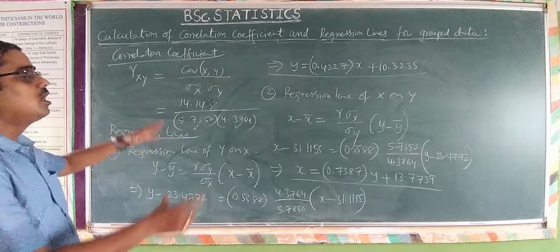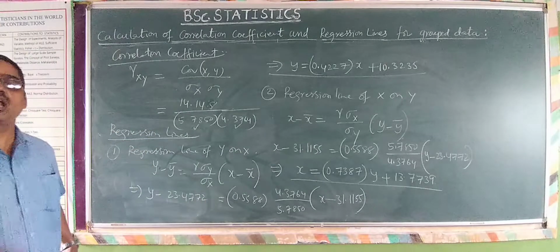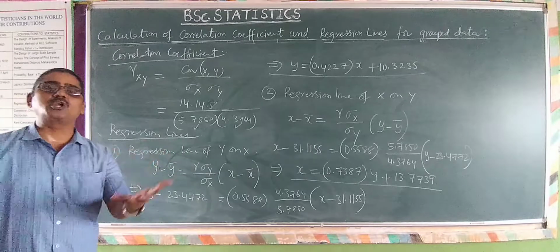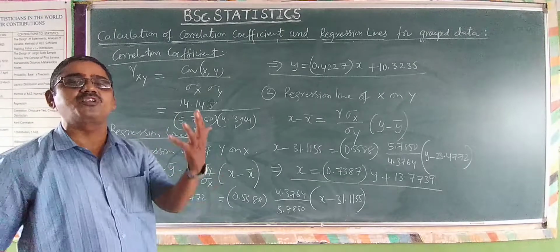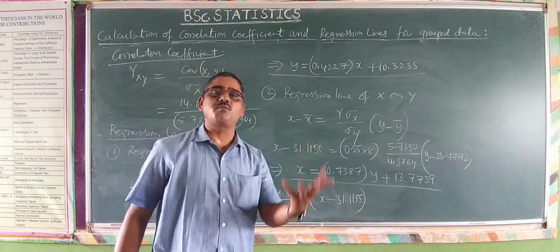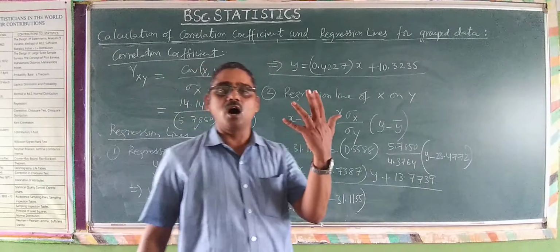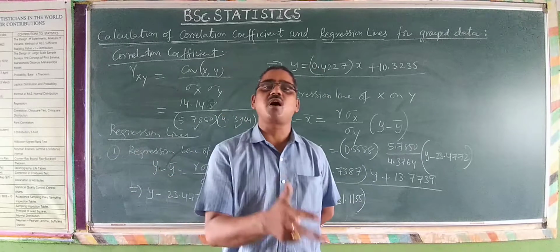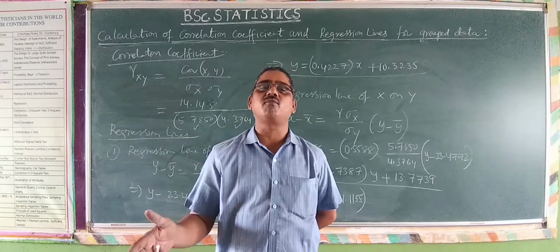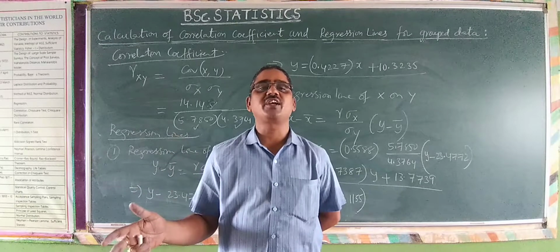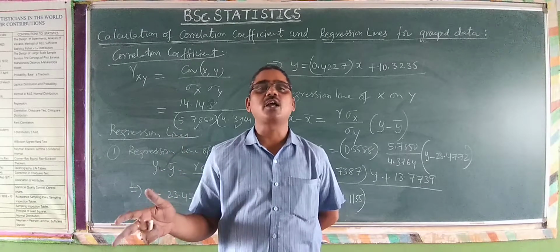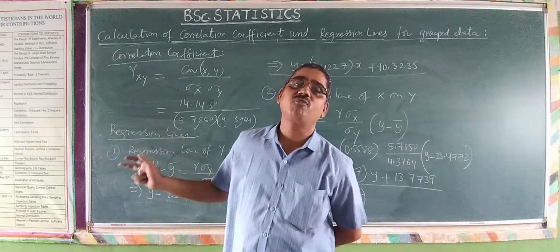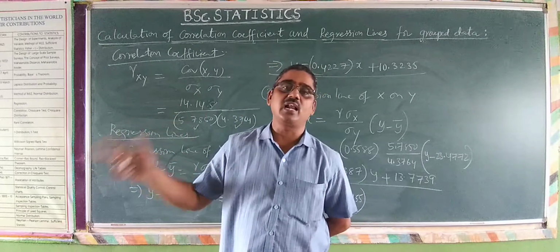So these are the calculations of the correlation coefficient and regression lines. First of all, the values we have calculated in terms of u and v, that is u bar, v bar, sigma u, sigma v, and covariance of uv, are all converted in terms of x bar, y bar, sigma x, sigma y, and covariance of xy and rxy, and then we calculate the values of the correlation coefficient and regression lines.